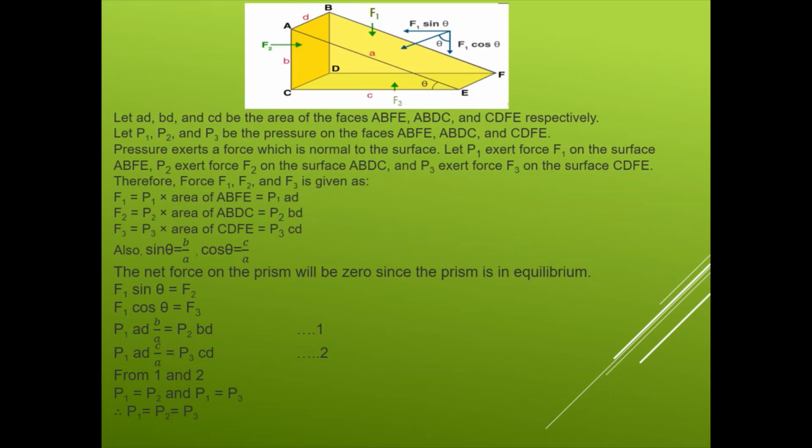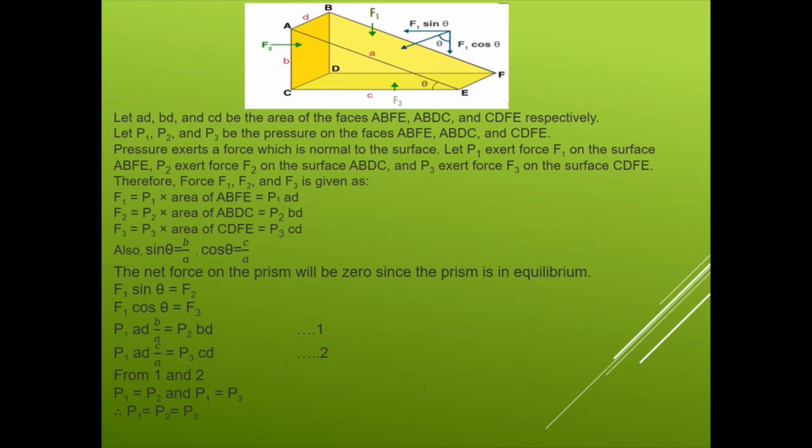So here we are equating the forces which are acting along the same direction. Here we are comparing the vertical forces and the horizontal forces. F1 sin theta is the horizontal force and F1 cos theta is the vertical force.